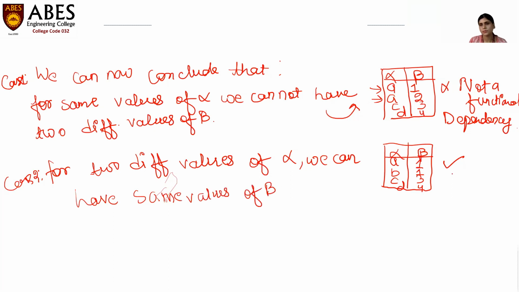Now this is permissible, this is allowed, but this is clearly not allowed when we talk about the functional dependency from alpha to beta. Okay, so this is the whole basic concept of FD.